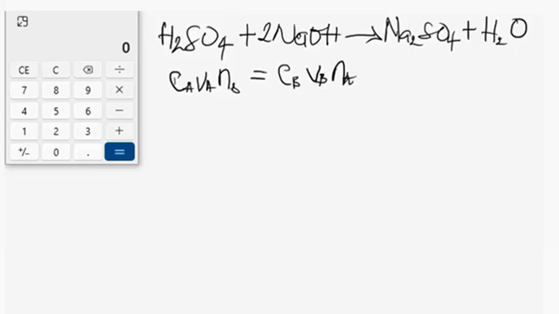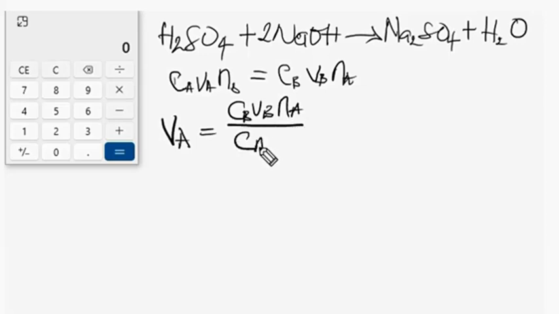So let's go ahead and input the values for everything while making VA the subject of the formula. So VA equals CBVBNA over CANB. So the concentration of the base as given to us in the question is 0.1 moles per dm cube.